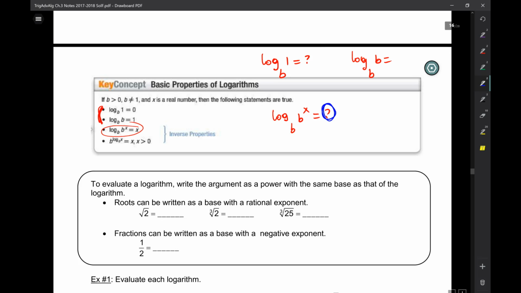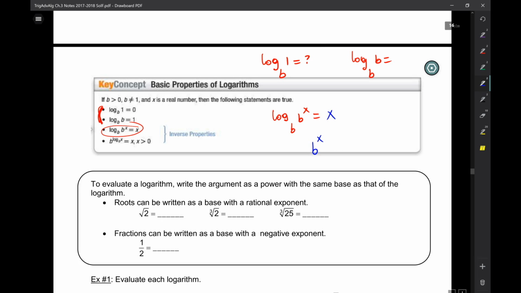So now take a look at what the question is. What should you have as an exponent of the b in order for you to get b to the x? Is it x? Yes. So it's x.